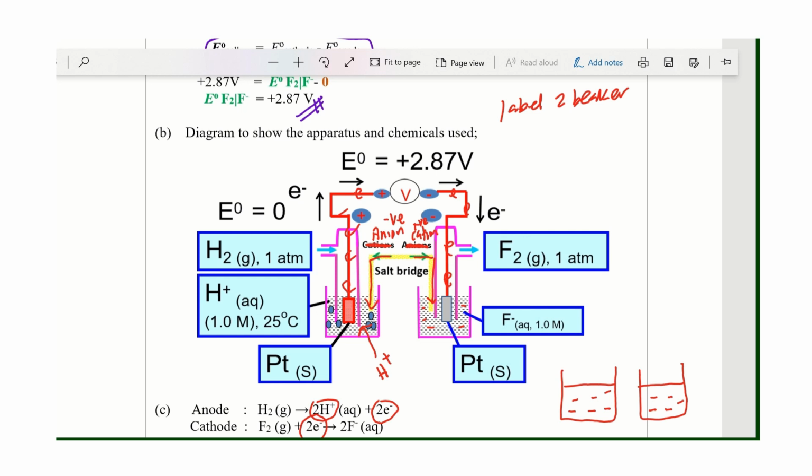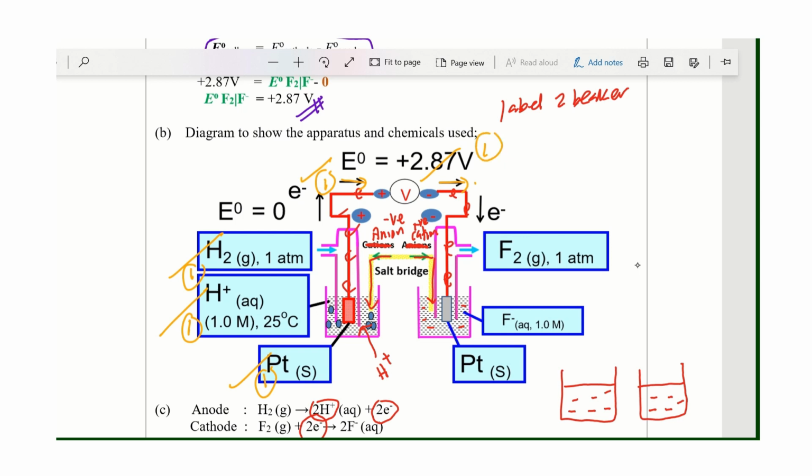Markahnya adalah kat sini ada satu markah untuk ada beaker, ada electrolyte, and ni kita label electrolyte tu. So satu markah kat sini. Lepas tu kita ada electrode apa kita pakai. And then kita punya tube untuk hydrogen gas, and ada punya labeling. Flow of electron, kena tunjuk flow of electron kita from anode to cathode, voltmeter pun kena tunjuk.